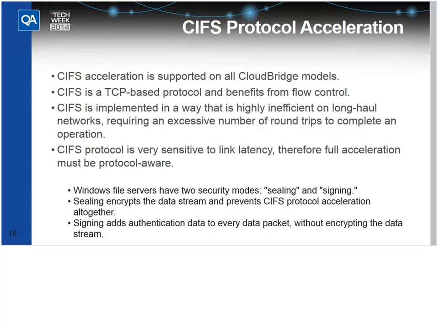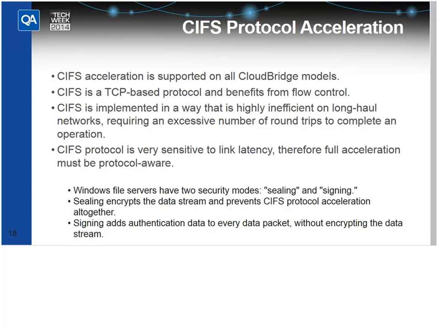So with protocol acceleration, it can really improve that CIFS data. And you can get ridiculous improvements as far as speed: from a 2-to-1 improvement, 3, 4, 5, 10 to 1, 100 to 1, thousands to 1 improvement in performance, because of that prediction and then the caching of data.